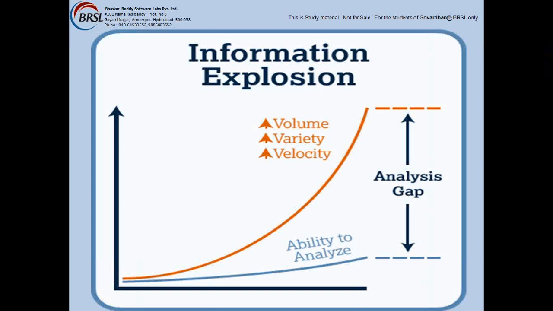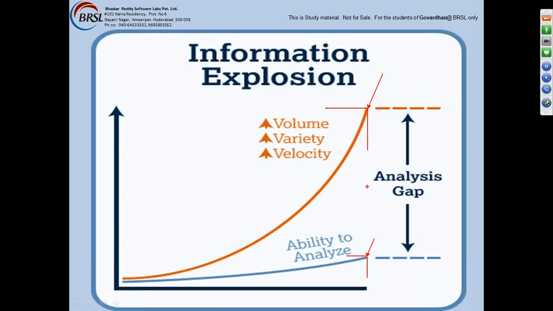Now this is the information explosion and the analysis gap. Right now, today in the industry, we have applications which can process data coming at this volume, variety and velocity. As of now, that is the capability of applications which are already developed. But we are generating this much volume of data, variety of data and at this speed.